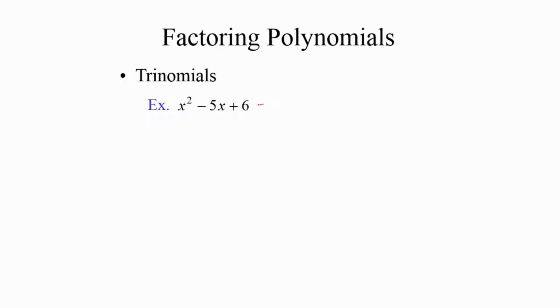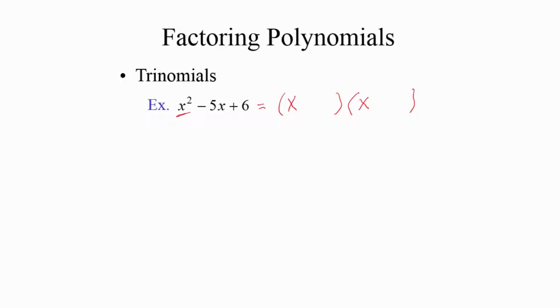Now the way you think is you want to factor this into two parentheses. So you look at the first term, x squared, and you ask yourself, how can I get an x squared, right? I can have an x and an x. So I put 1x here, I put 1x here. When I multiply x by x, I get the x squared.